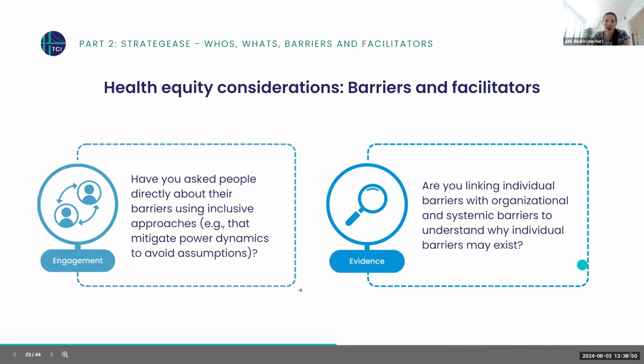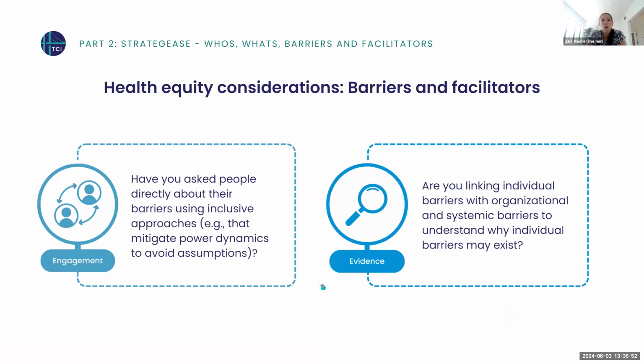One last thought before another activity is, when we start thinking about barriers and facilitators, it is so important to not just guess, but to actually ask people what their barriers are. That might seem obvious, but it's really easy for us to just make a guess and be like, oh, we think this is the reason people aren't changing. But we need to actually have conversations with people to understand what barriers they are truly experiencing.